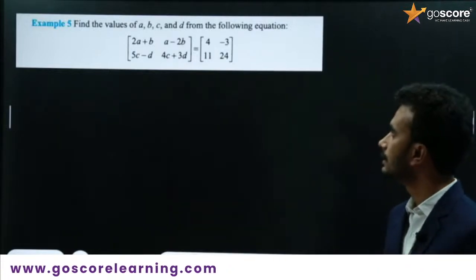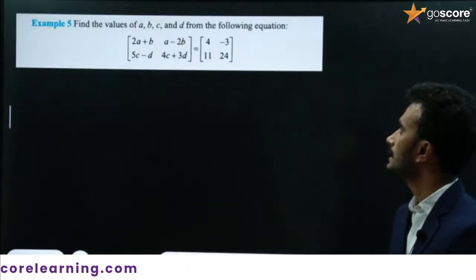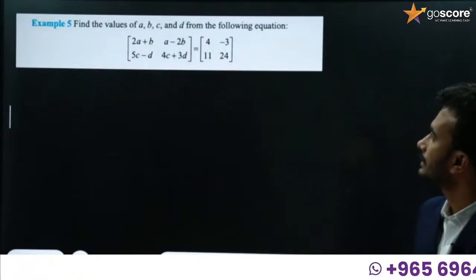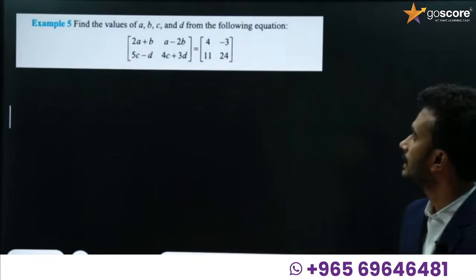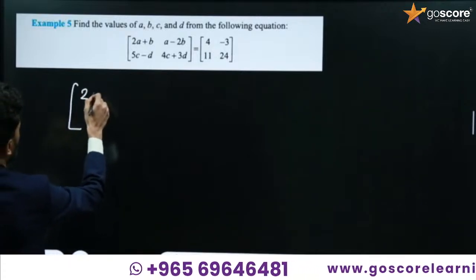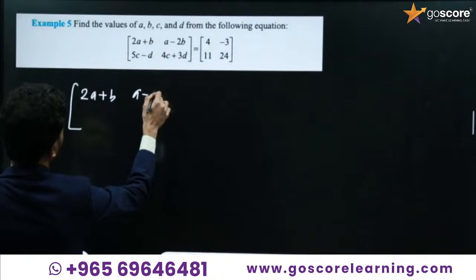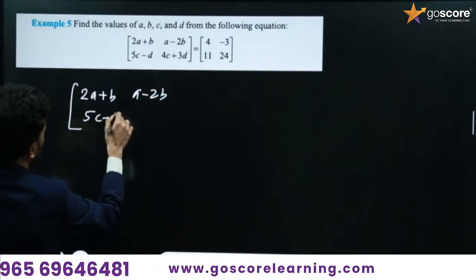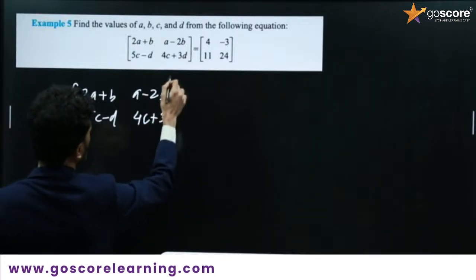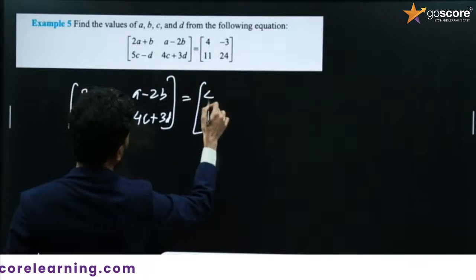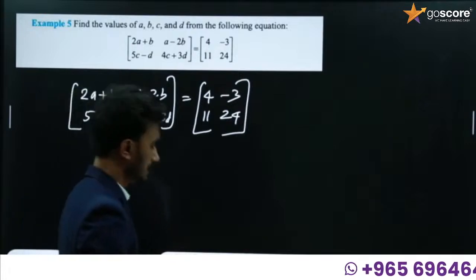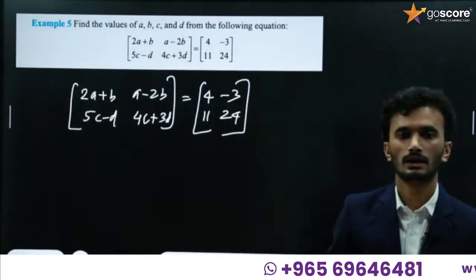Find the values of A, B, C, D from the following equations. Again, same type. First, you must write the equation: 2A plus B, A minus 2B, 5C minus D, 4C plus 3D is equal to 4, minus 3, 11, 24.